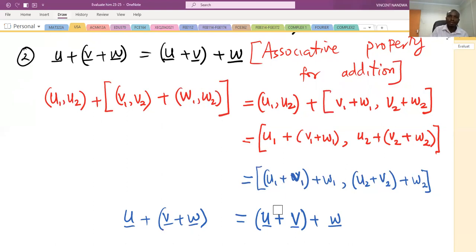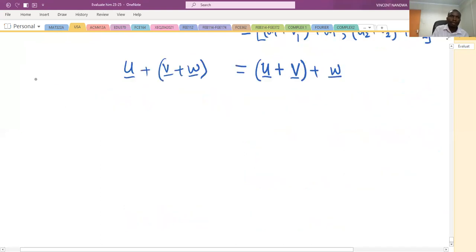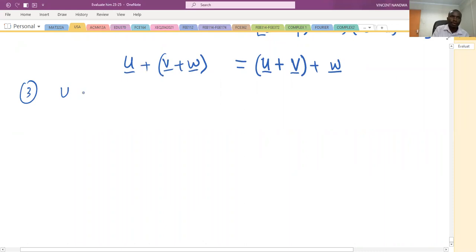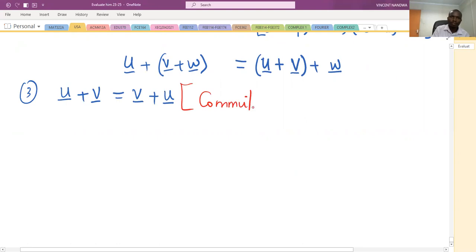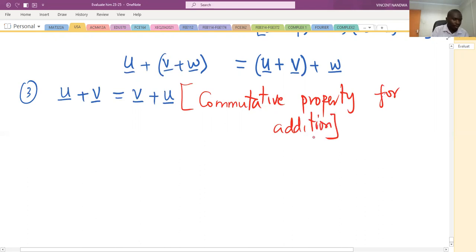Another property, number 3: U plus V is equal to V plus U. This is the commutative property for addition.